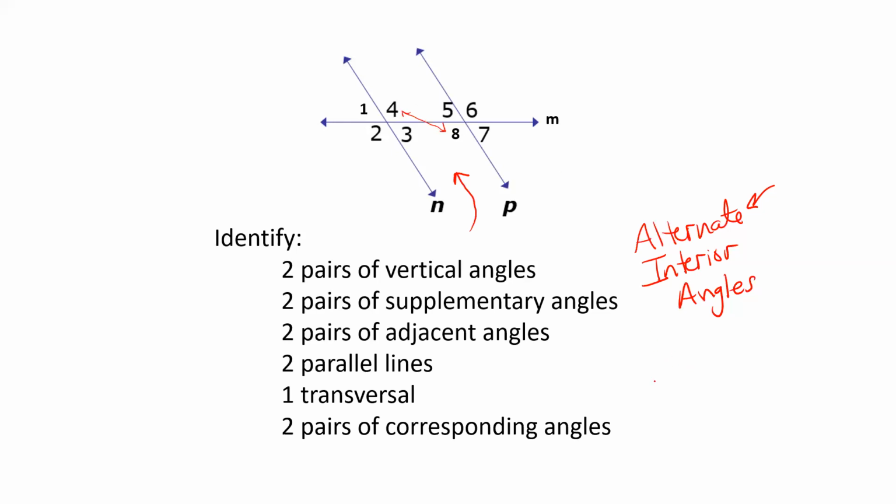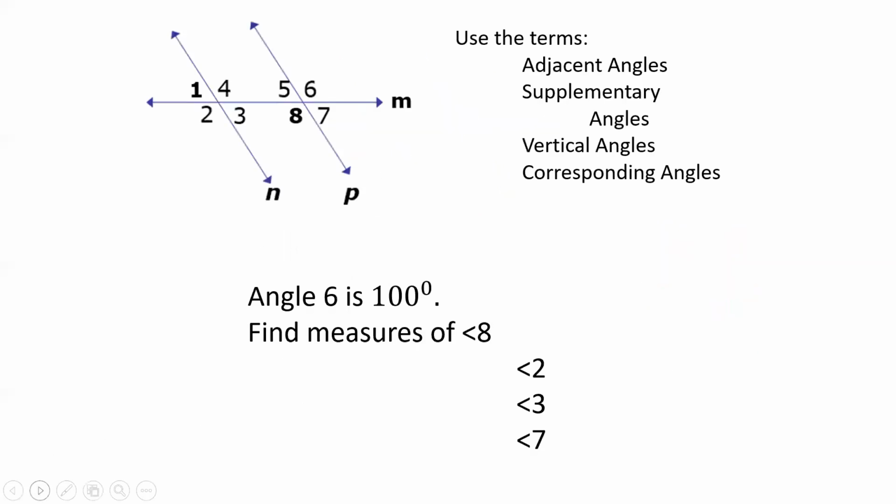What about alternate exterior angles? Alternate exterior means opposite sides of the transversal and outside the parallel lines. So 6 and 2 are alternate exterior angles, and the other 2 are 1 and 7.